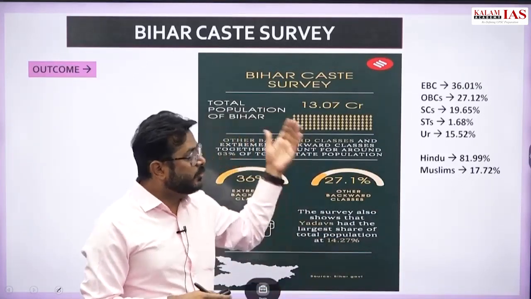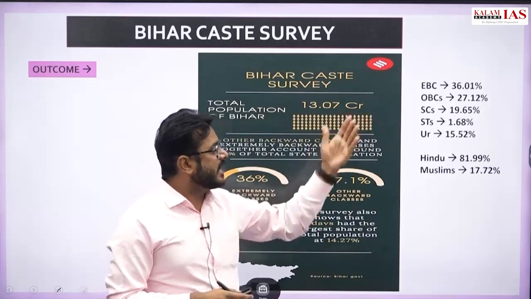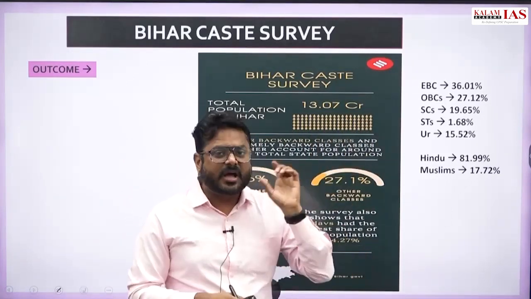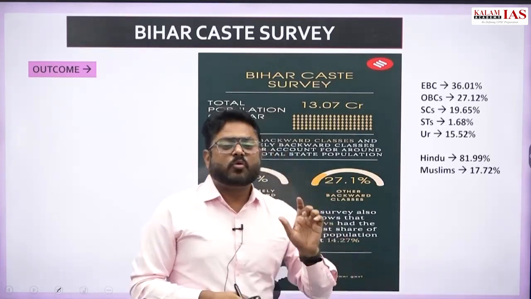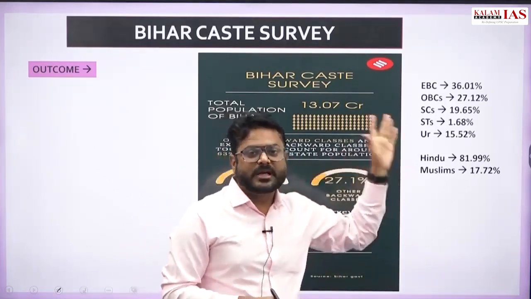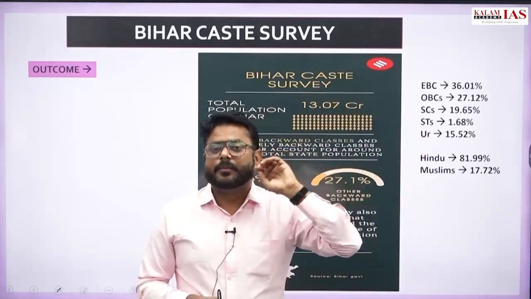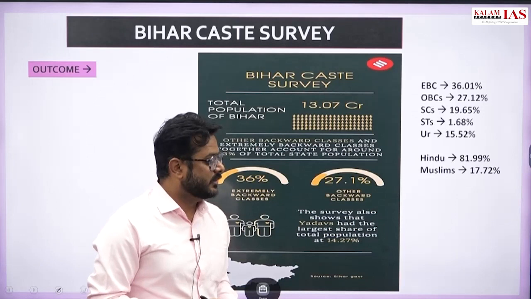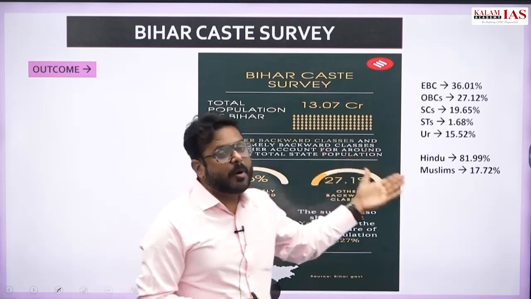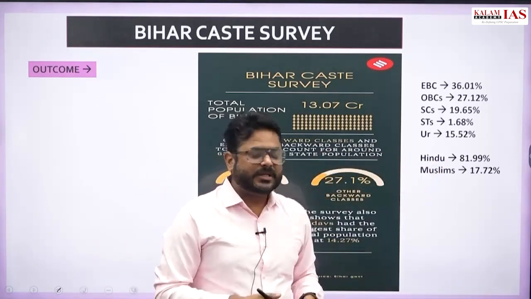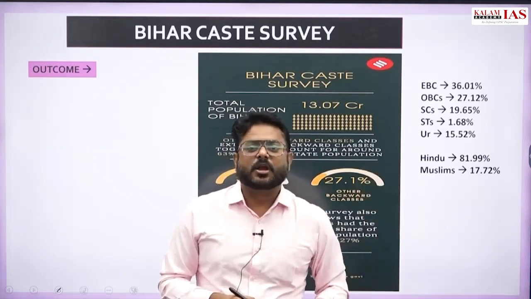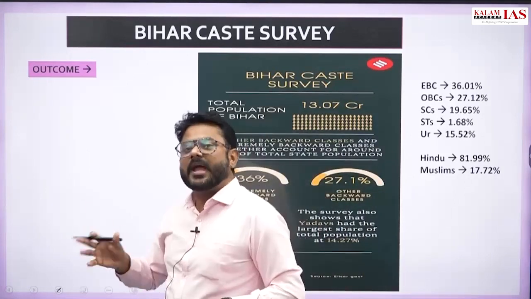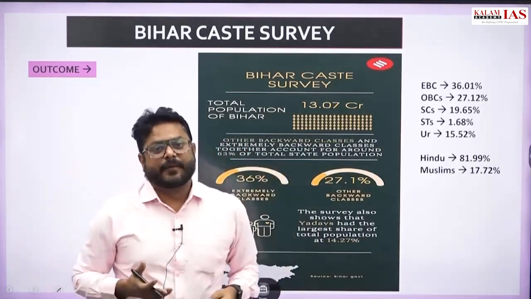Then the scheduled castes are 19.65%, the STs are 1.68%, and the unreserved category is only 15.52% in Bihar, as per the recent Bihar caste survey. Then the Hindu population is about 82% and the Muslim population is about 18%. So this has been the outcome of the Bihar caste survey.